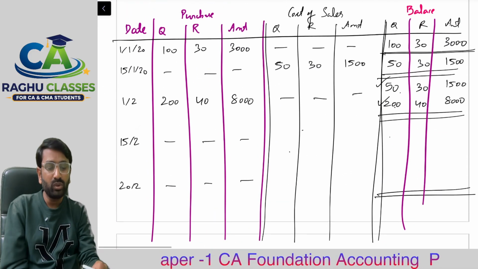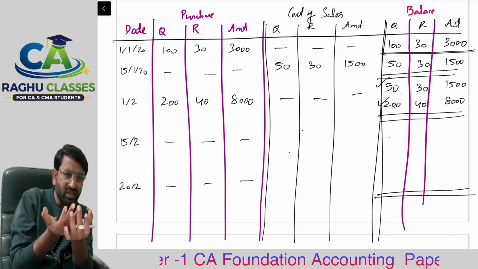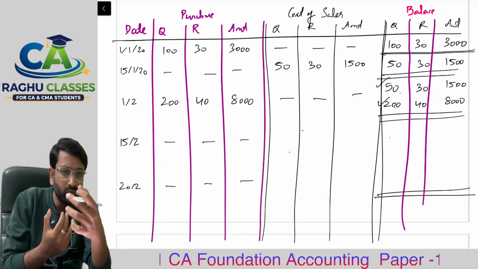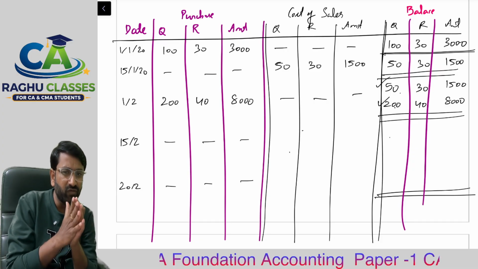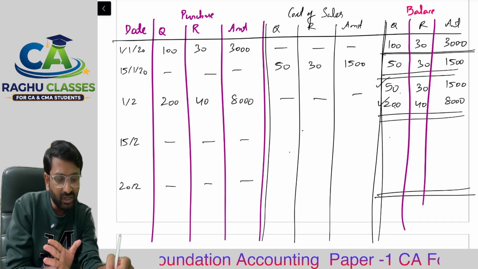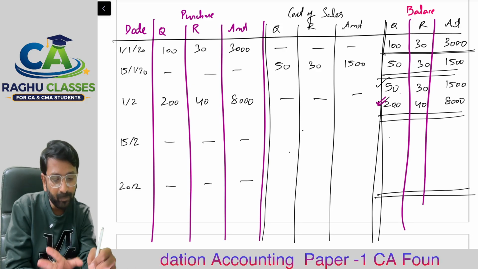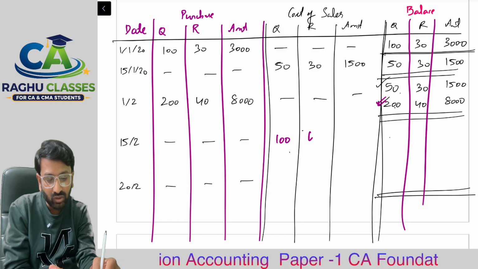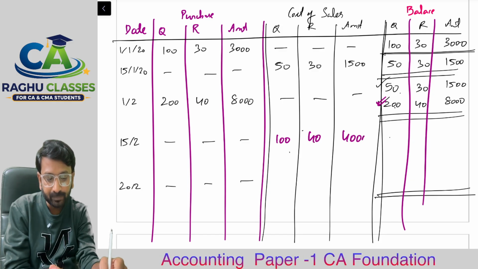Now, when we follow LIFO method, whatever is purchased last, that will be issued first. So that 15 Feb, 100 units will be taken from the latest lot from here. Just can I say 100 units, 40 is the rate, 4,000 is the amount.